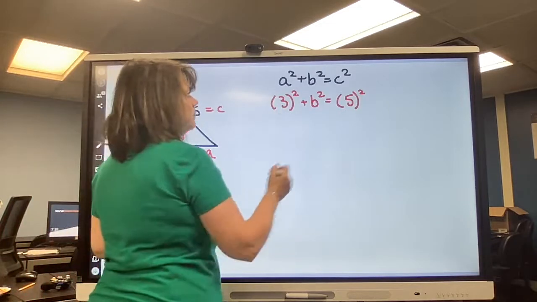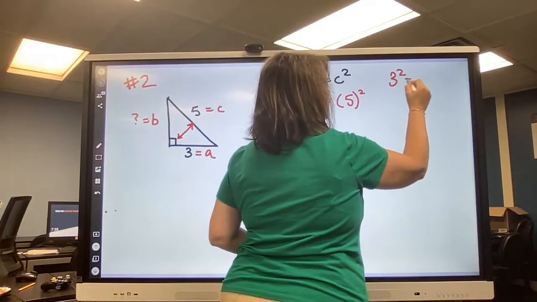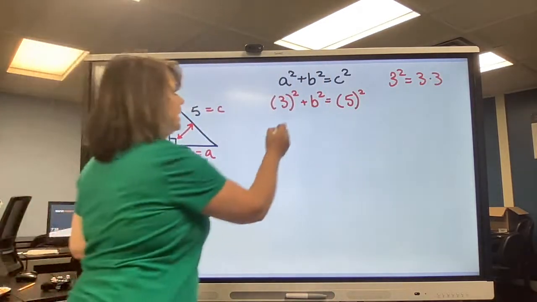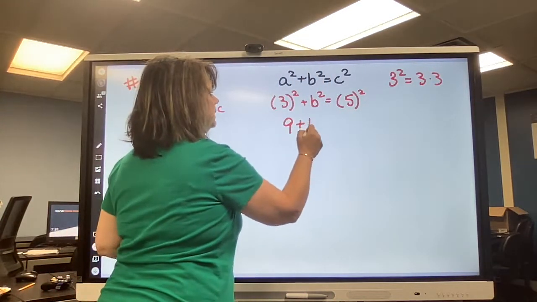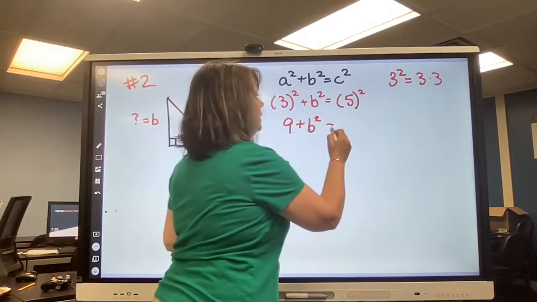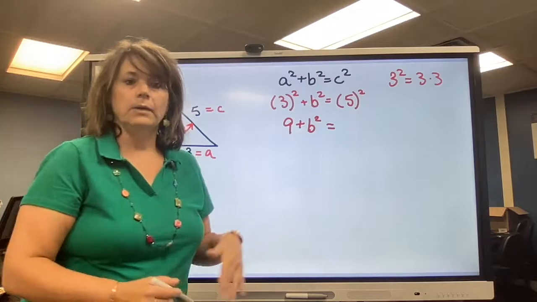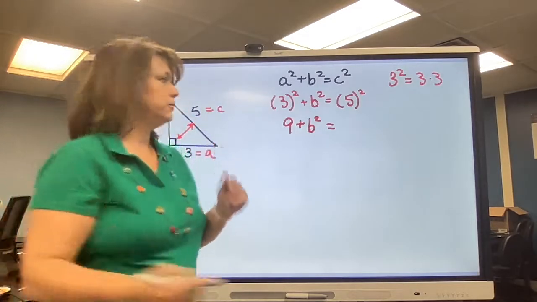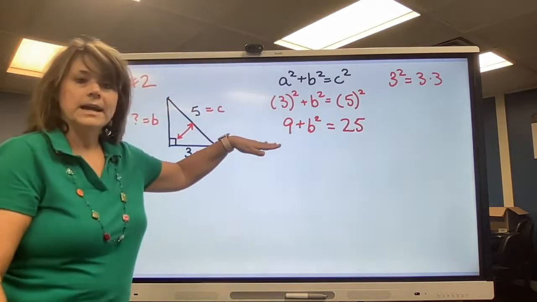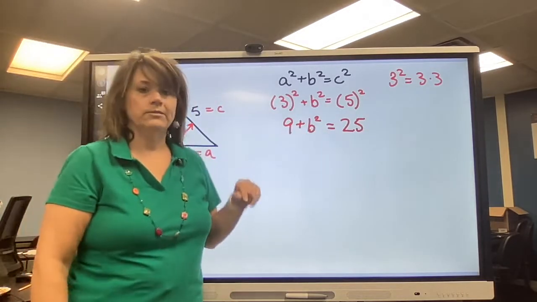So again, remember 3 squared means 3 times 3. So 3 times 3 is 9. Plus b squared, we don't know what that is, so that's going to remain the same, equals 5 squared. And we know 5 squared means 5 times 5, which is 25. So now we have 9 plus b squared equals 25.